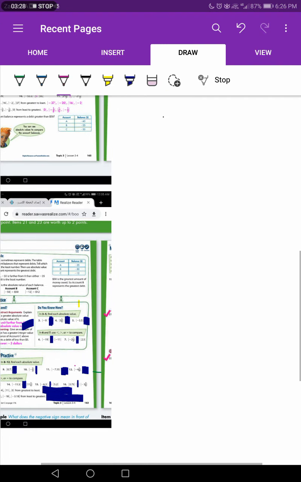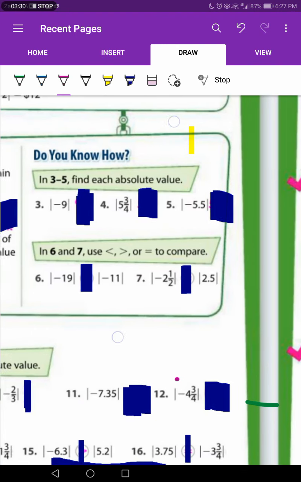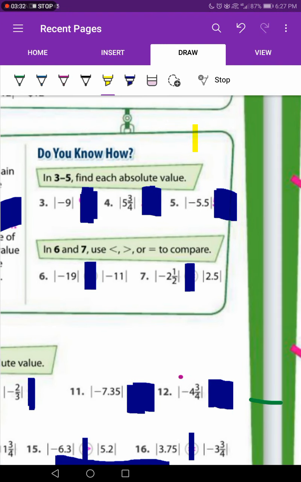Now let us come here. Find each absolute value. The absolute value of -9 equals 9. For 5 and 3 over 4, you keep it, you don't change the sign, be careful.